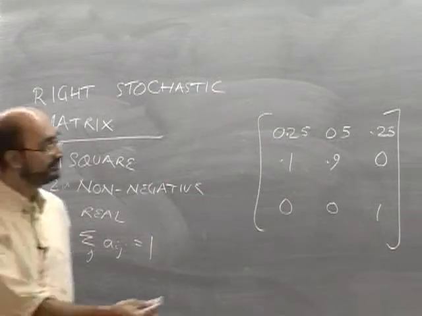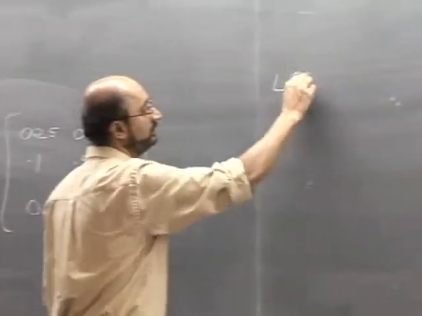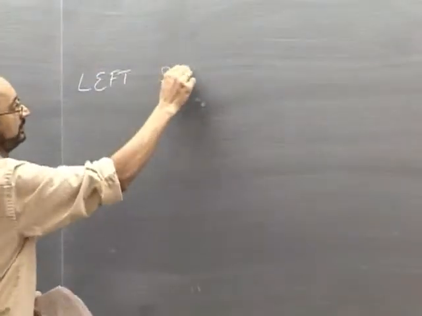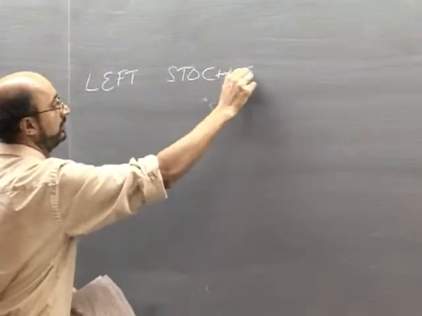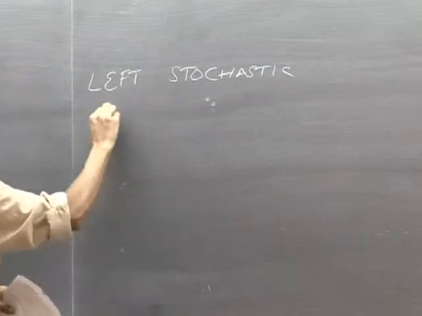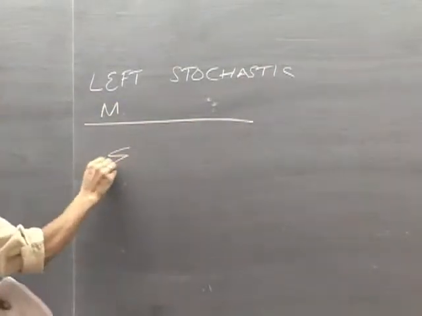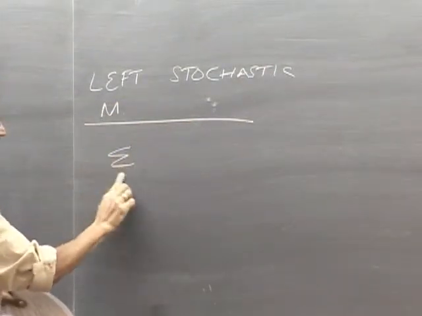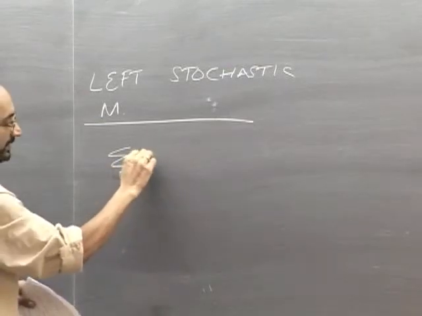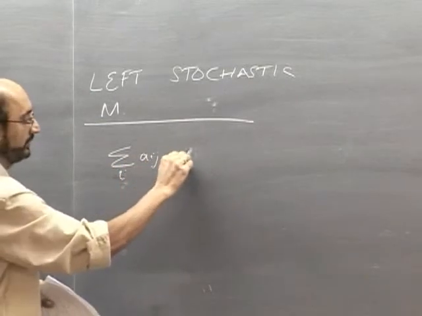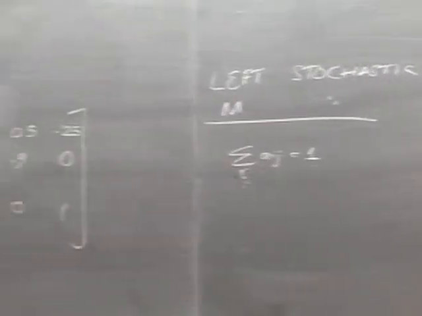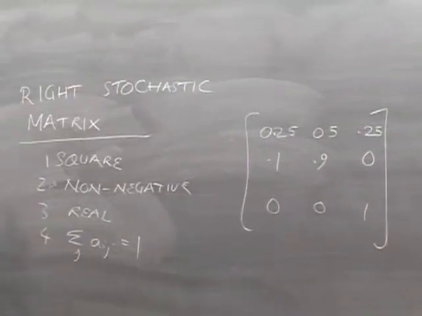We have something called the left stochastic matrix. It basically means that the columns sum up to 1, so the sum over i of Aij equals 1. So the transpose of a right stochastic matrix is a left stochastic matrix, okay?